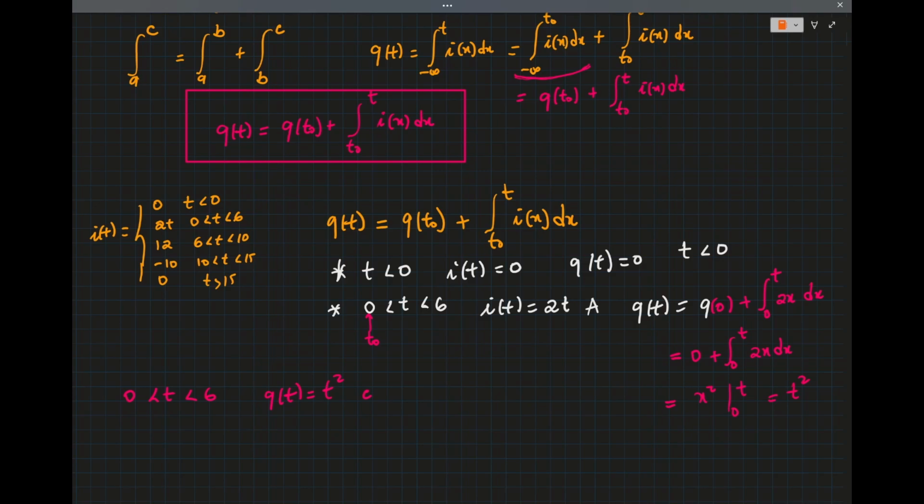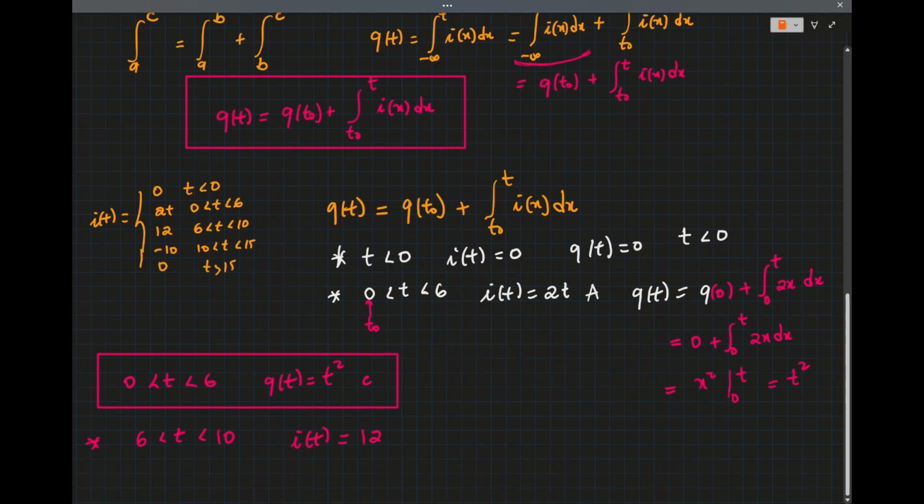Now let's find it for the next interval. The next one is when we have 6 less than t less than 10, where I of t equals 12. Now we need to find the charge.